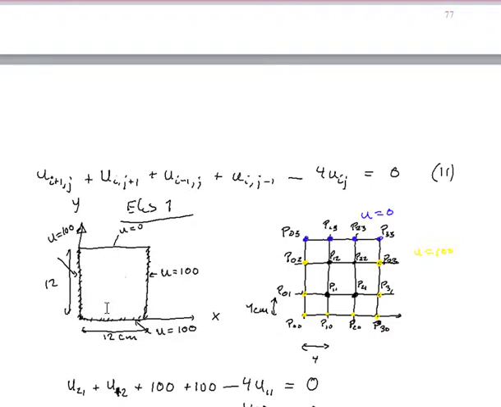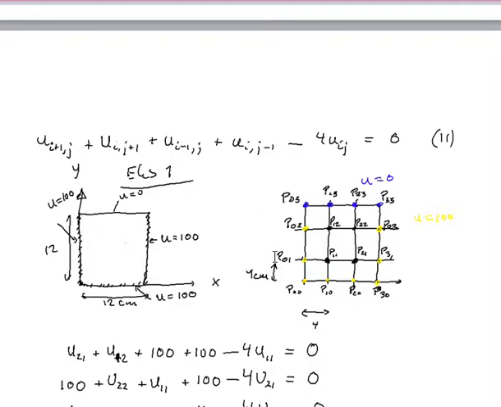This square has side length 12 centimeters in the x direction and y direction, and we have the following boundary conditions: u is equal to 100 on this side, 100 on this side, 100 on this side, and 0 on this side. We now let h be equal to 4 and make this grid.